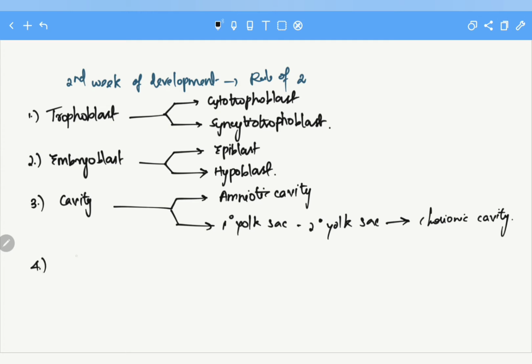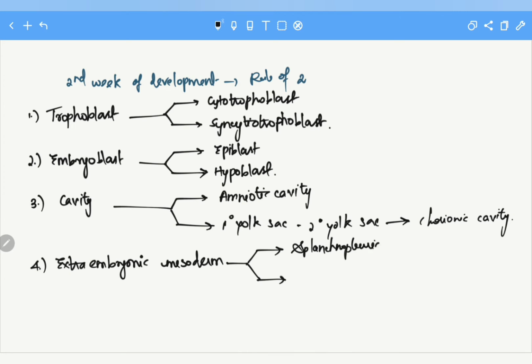Then the extra embryonic mesoderm. They are also two in number. One is splanchnopleuric mesoderm and the second is somatopleuric mesoderm.